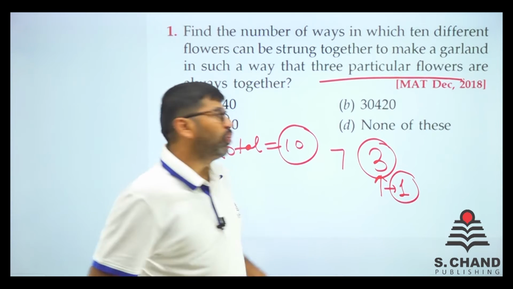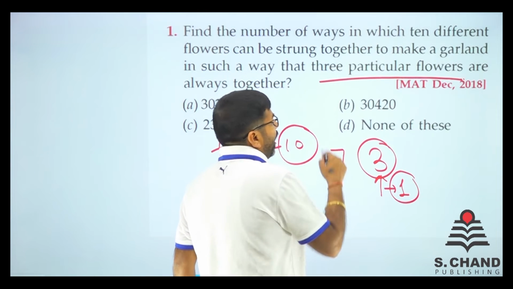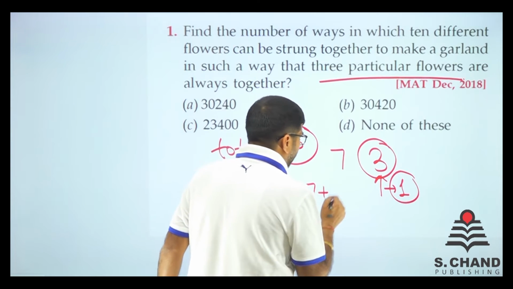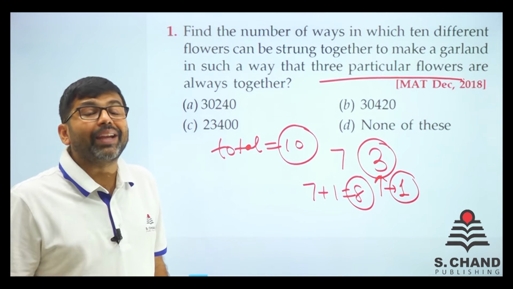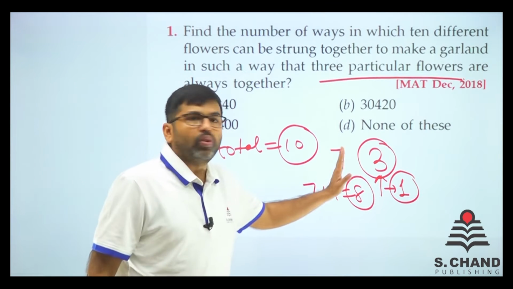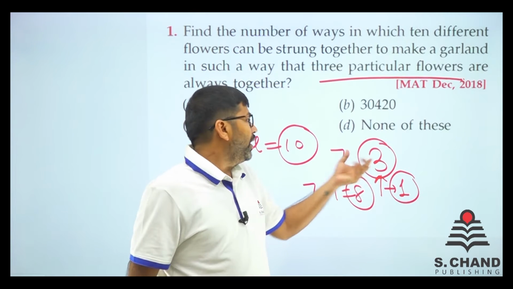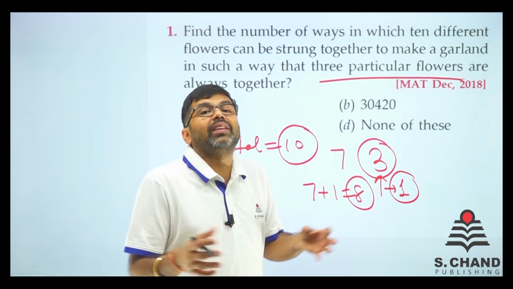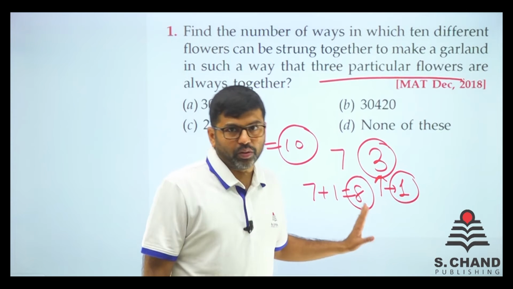How many are total? We will consider that a single unit and those 7, so 7 plus 1 is equal to 8. So we have a total of 8 different things: 7 totally different, and the 8th one is the bunch of these 3 flowers together. So we call it 8 factorial.